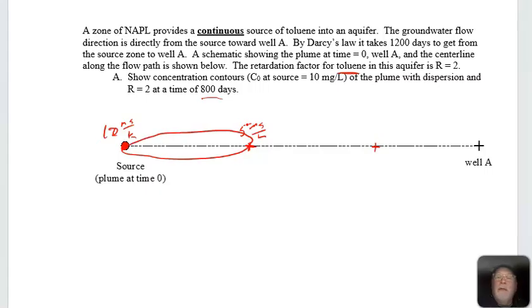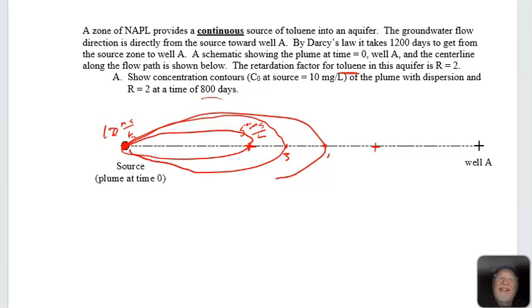And then out ahead of that, it's going to be lower. So maybe I'll do 3 and 1. And then I'll do a 7 and 9 behind it.